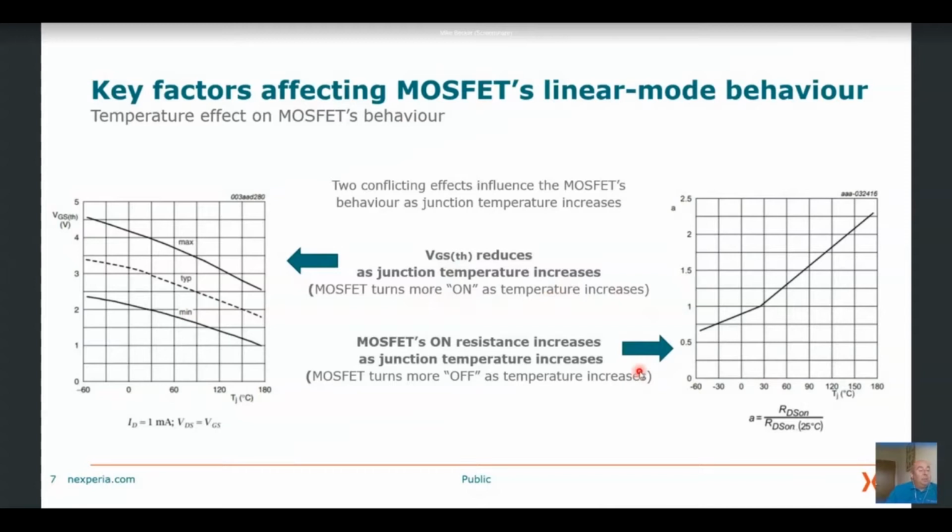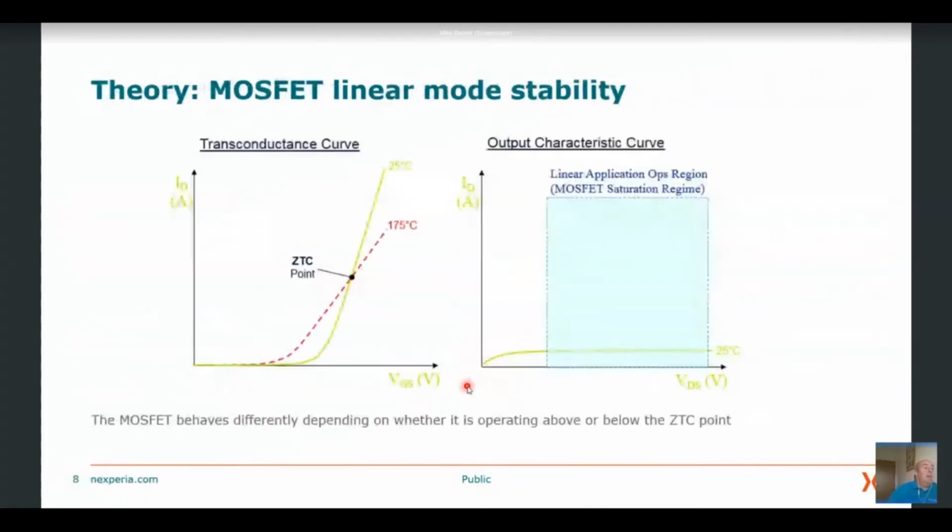And the second point is that as the temperature increases, the MOSFET's on resistance, the RDS(on), also increases. This behavior causes the MOSFET to turn more off as the temperature increases. So you can see we've got two different effects. One of them is turning the MOSFET on, and the other one is turning the MOSFET off. And that's what gives you these two different curves.